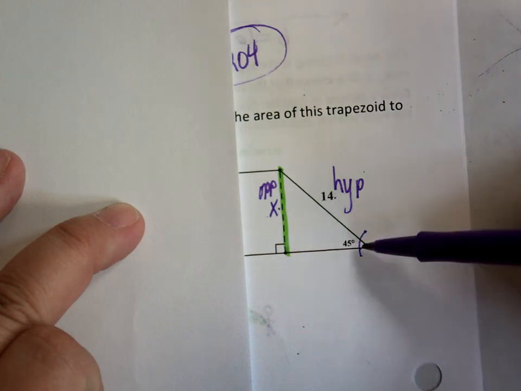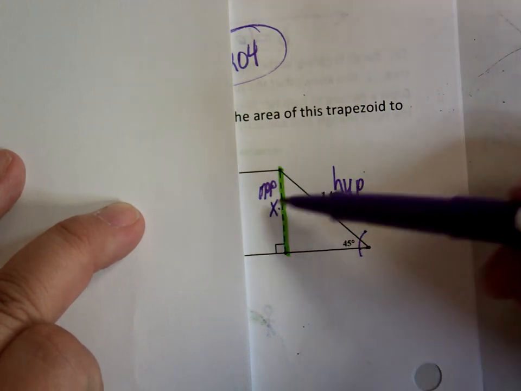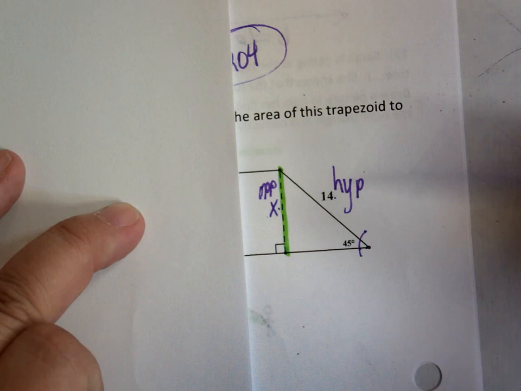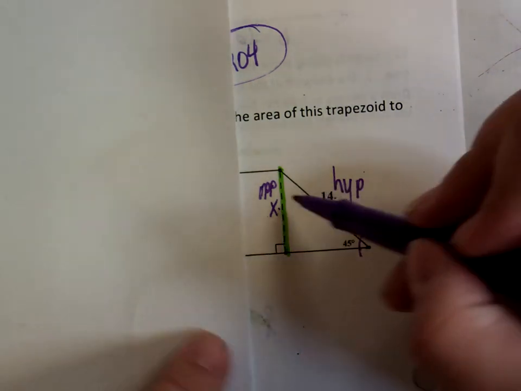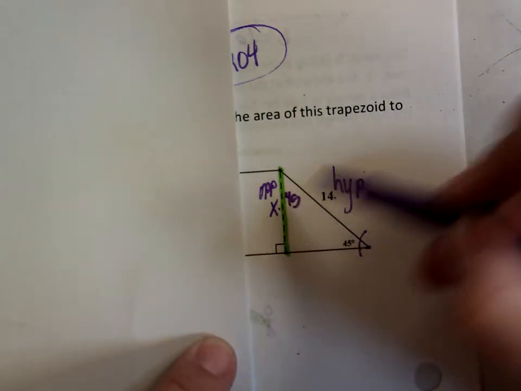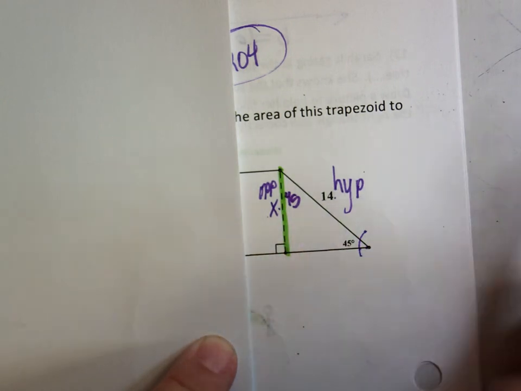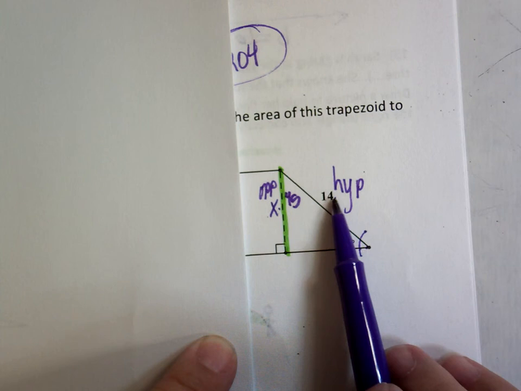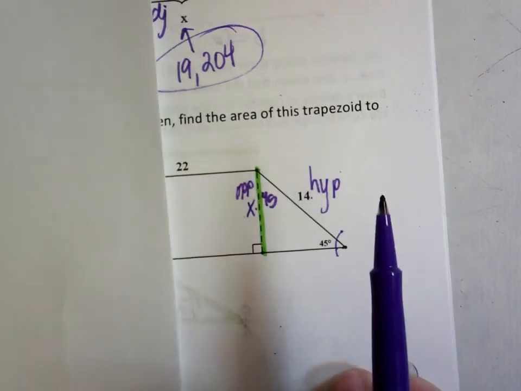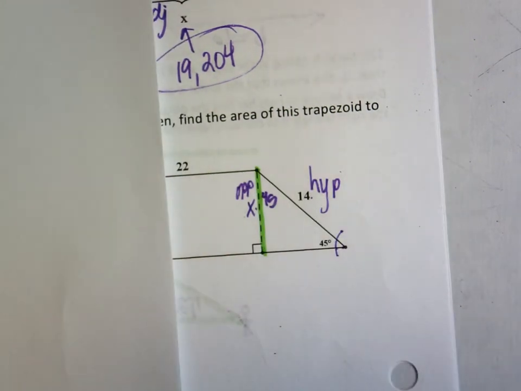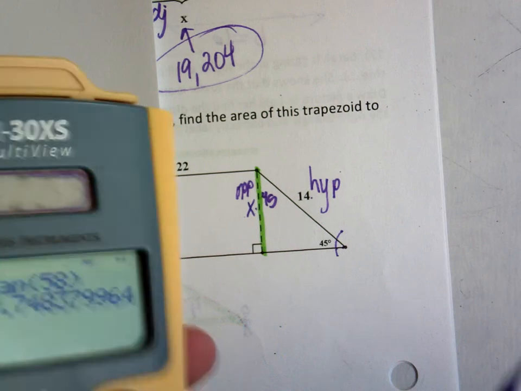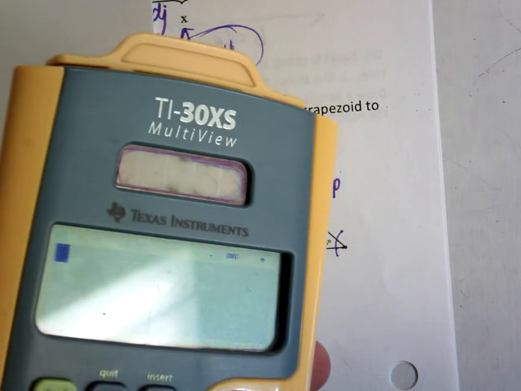Sine of 45 equals x over 14 and then solve. But if it's a 45, 45, 90 triangle, remember that the hypotenuse is the leg times square root of 2. So if we're going backwards from hypotenuse to leg, we divide by square root of 2. So 14 divided by square root of 2 will give me x.